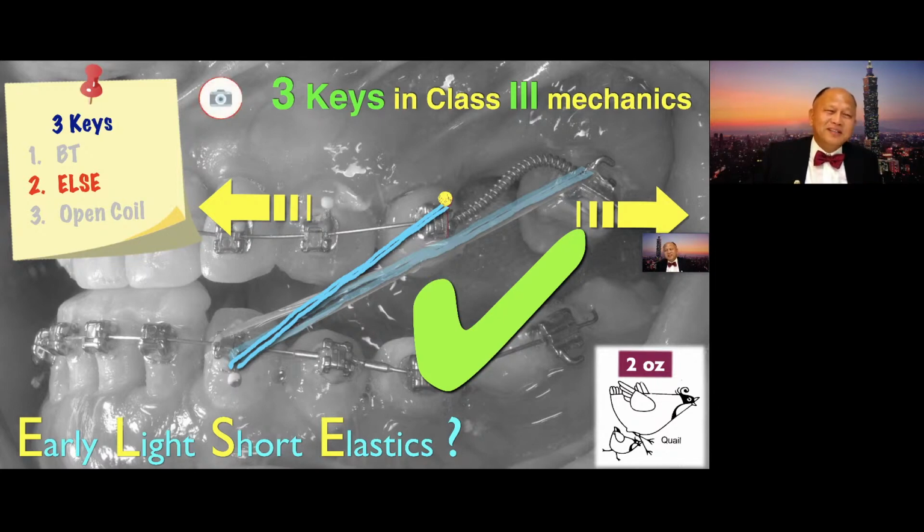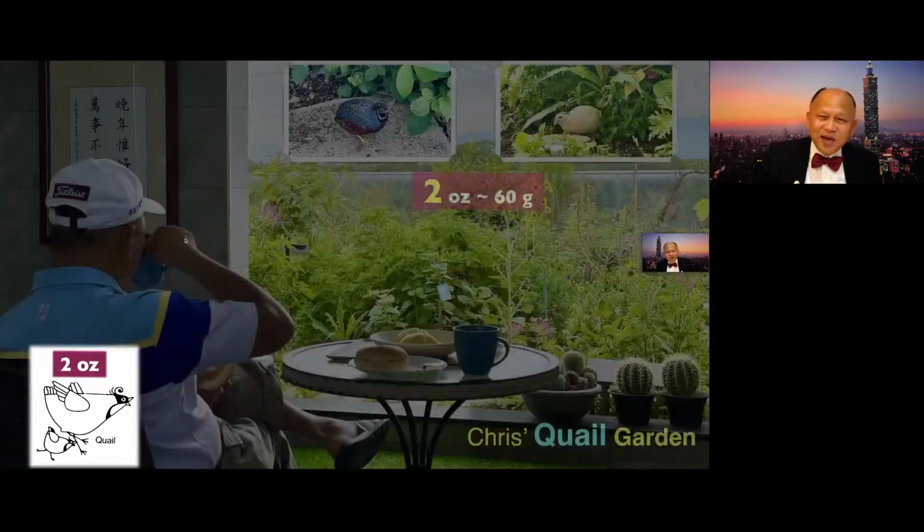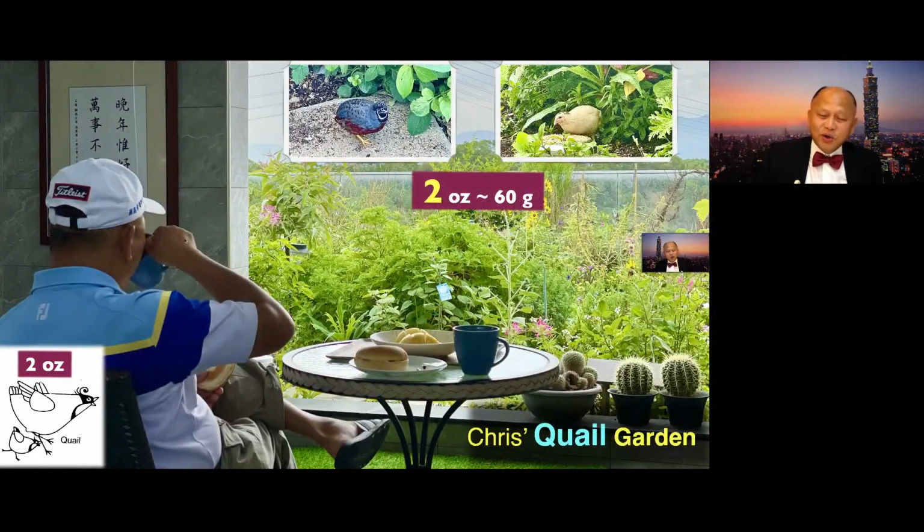And probably a lot of people who live in the city never have a chance to touch coil. And I do have a coil garden called Chris Coil Garden. This is my coil. This is called Italian coil. This is called Chinese coil. And I do have Texas coil and Japanese coil. This one is 2 ounce.